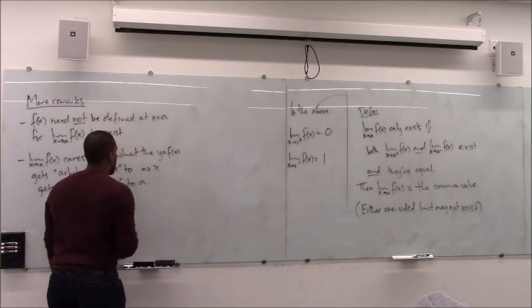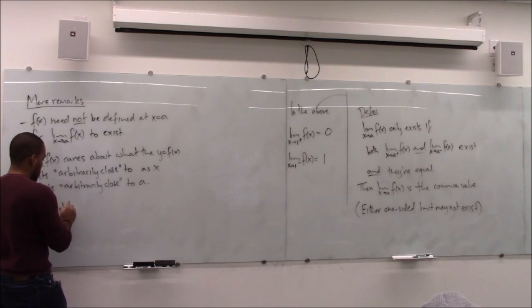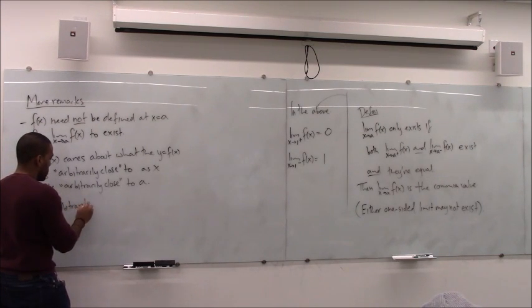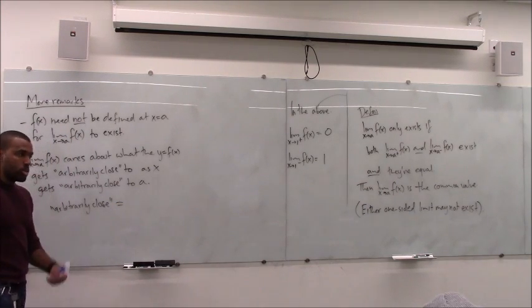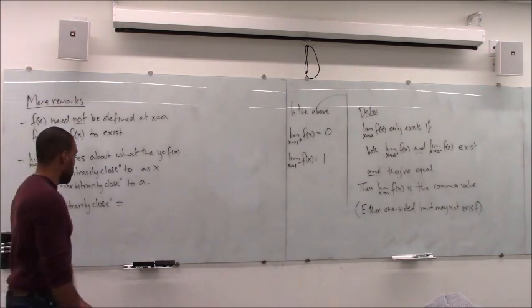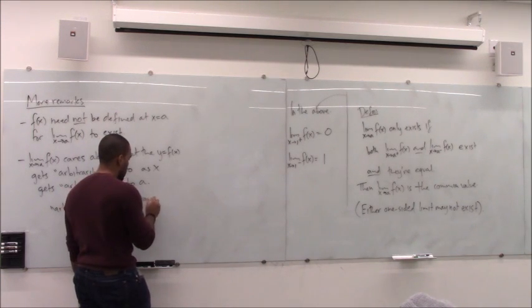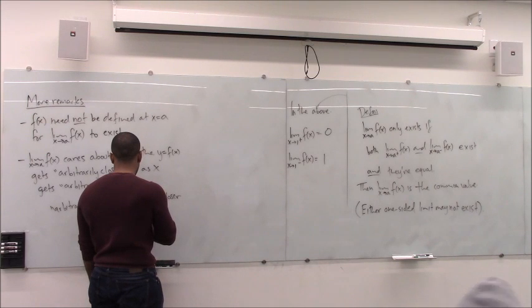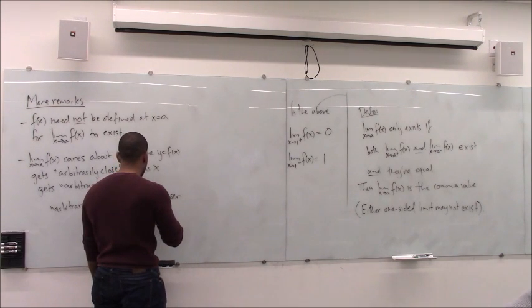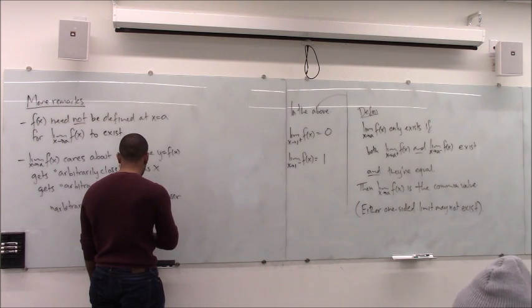to a. And by the way, what does arbitrarily close mean? Essentially, arbitrarily close means as close as you want. Means you can get closer than any given positive distance.